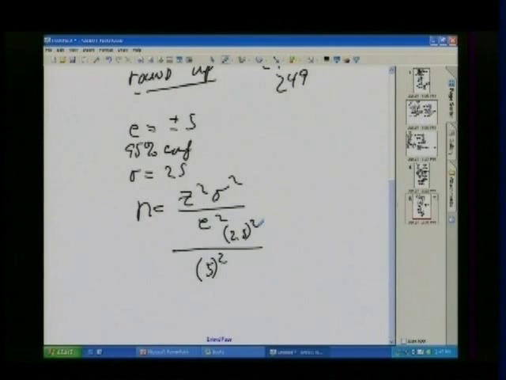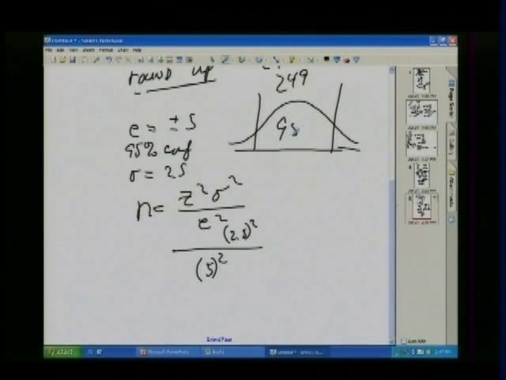The other value I need is a value for z. Now I've got a 95% confidence level, and for any sample size problem or any confidence interval problem, I'm always going to assume a two-tailed test, which means if I have 95% confidence, that's in the middle, and therefore I'm going to have 5% out on the ends.